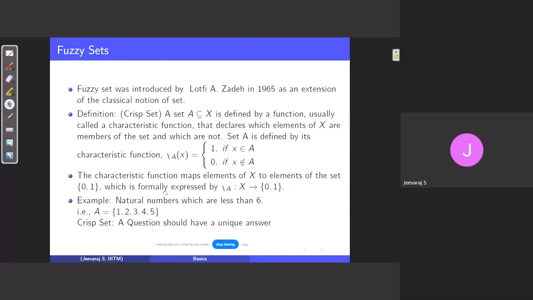This answer would not be person dependent. If I ask people who are present in this talk, all of their answers would be 1, 2, 3, 4, 5, right? So it is not person dependent. How can we understand the crisp set from a layman's point of view? A question can have only one correct answer.